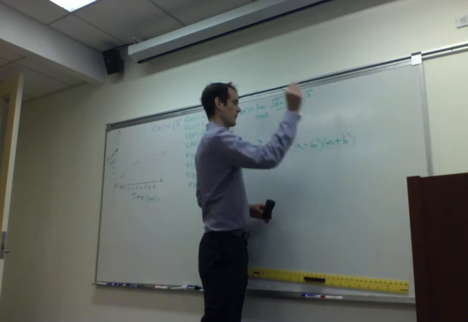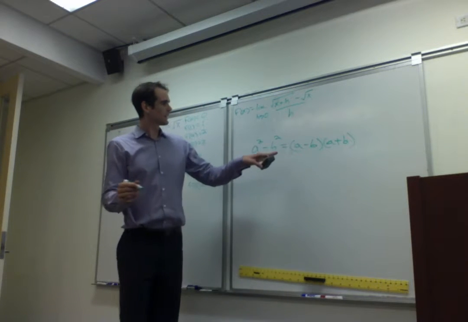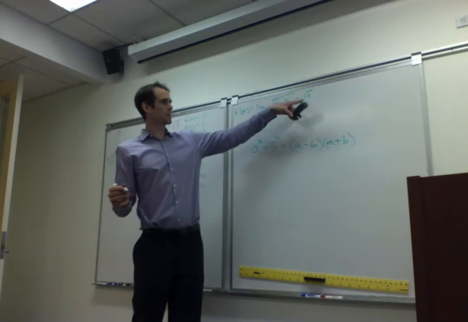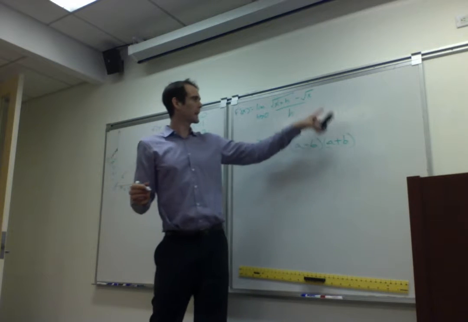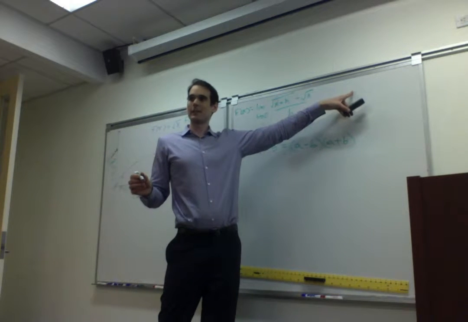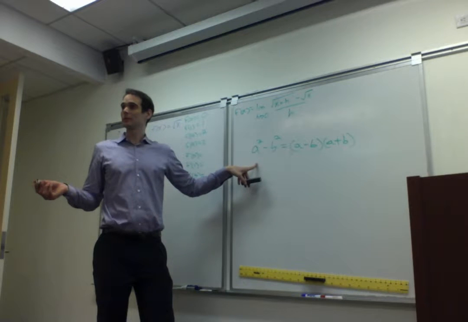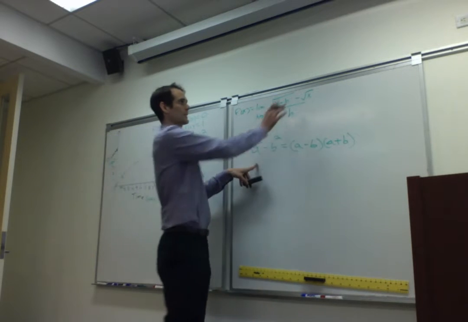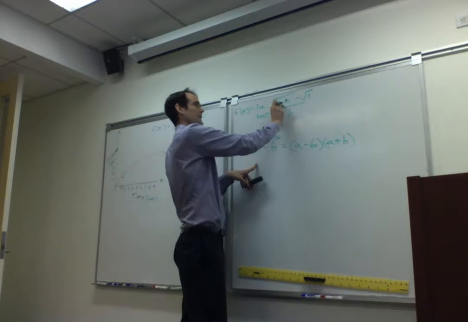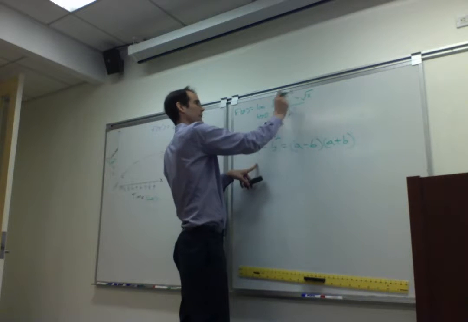Okay. So let's look at this as a minus b, and let's multiply it by a plus b. And then once we do that, we can put it into this form. Right? So let's multiply this by a plus b. This is a, this is b, so this is a minus b.